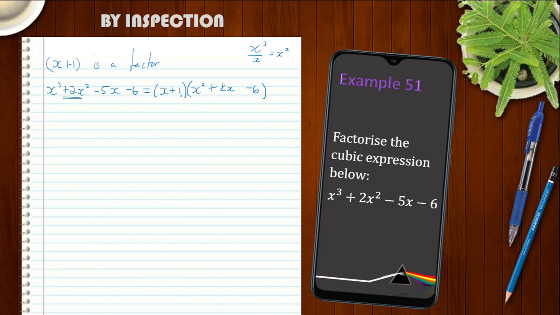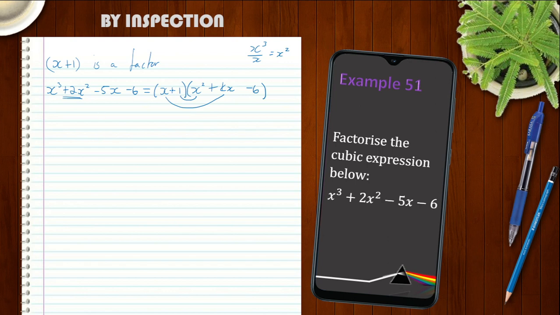So these two, that's going to be 1 times x squared, will give me an x squared term, and x times kx will also give me an x squared term. So in general, you can always use these two in the middle, and then this one and the middle one. That's standard for the inspection.